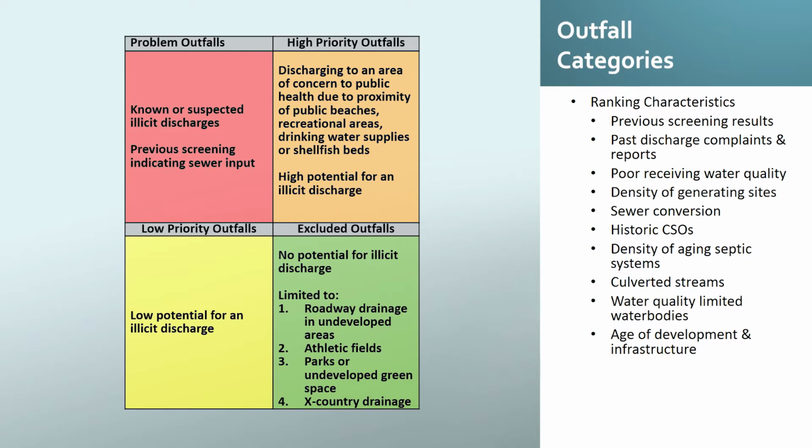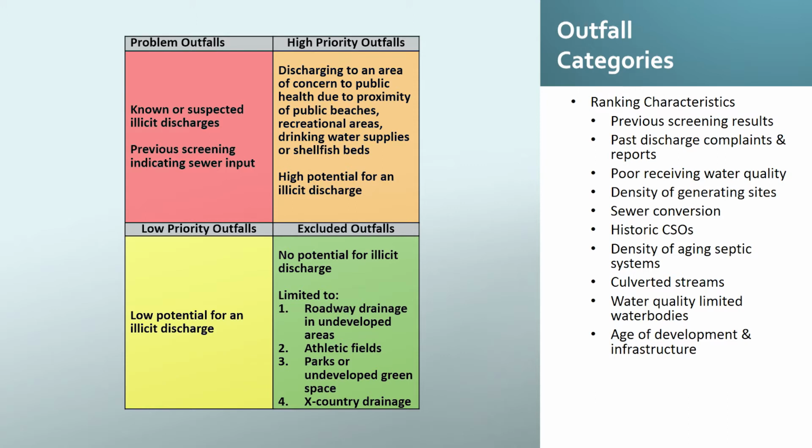Poor receiving water quality. If you have a high density of generating sites, so you know there are areas with, say, old infrastructure or that have septic systems, would that be an area that could potentially have a higher potential for an illicit discharge? If you have culverted streams or water quality limited water bodies, or simply the age of the development.